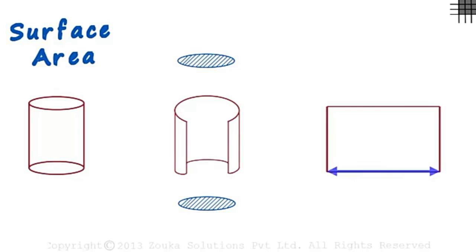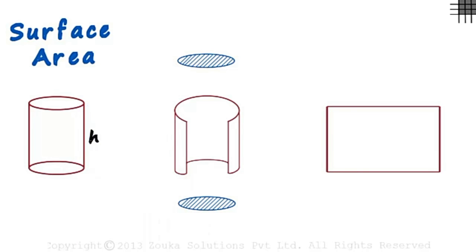Here we need to understand only two things: the length of the rectangle and the breadth of the rectangle. The length of the rectangle is nothing but the circumference of the circular base. If you extend that curved surface on both sides, you will get a rectangle. And the breadth of the rectangle becomes the height of the cylinder.